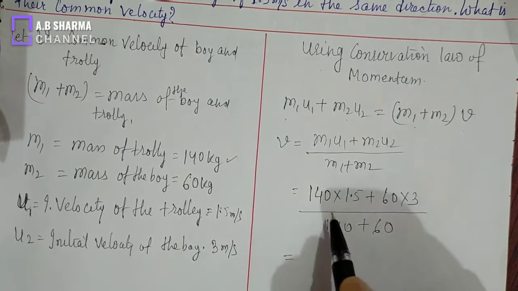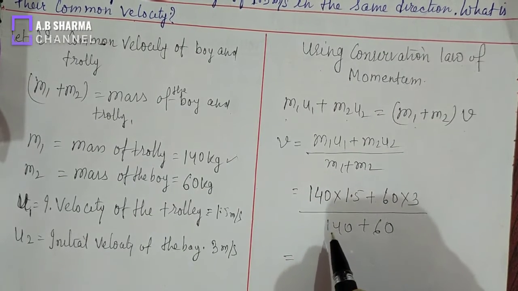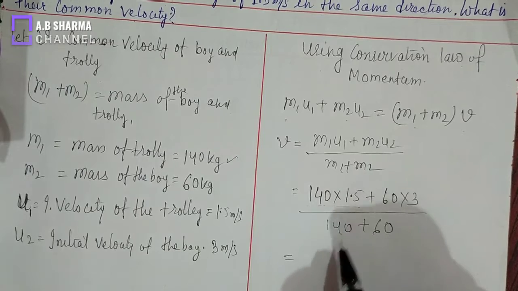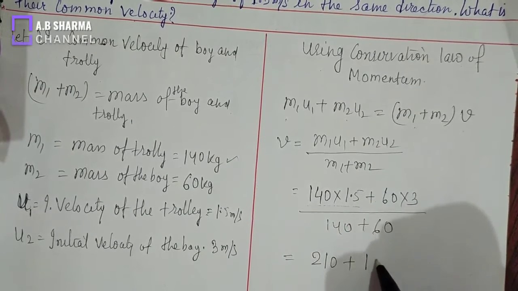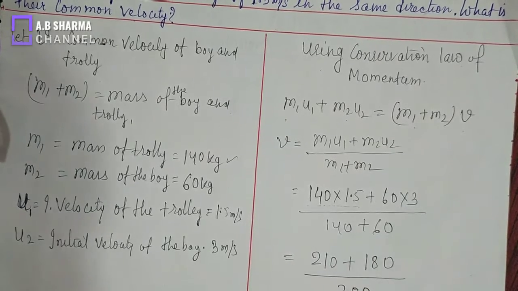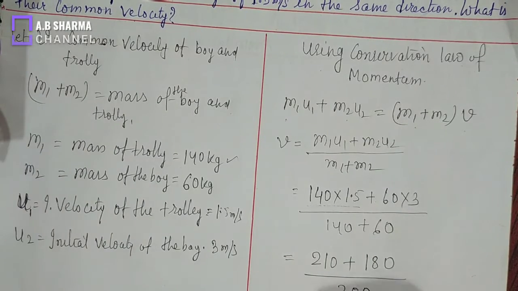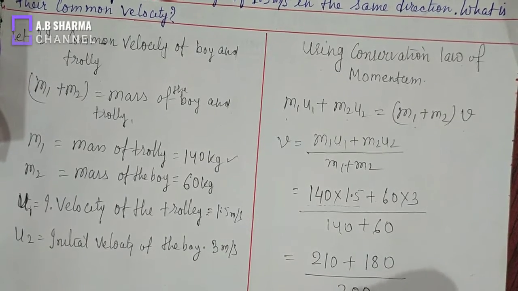What will we get as the result? 140 into 1.5 is 210, and 60 into 3 is 180, over 200. So we will get 390 by 200.